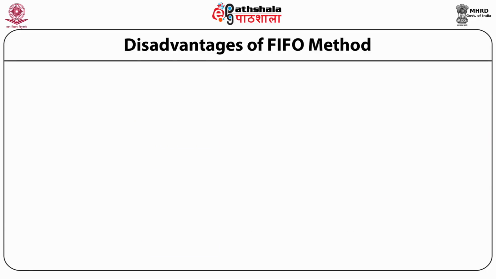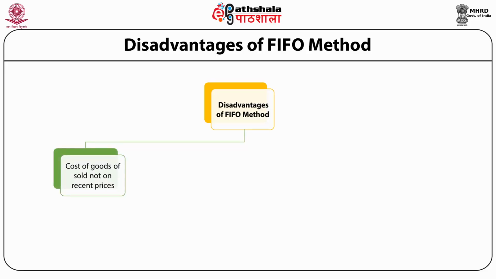In this figure, the disadvantages or limitations of this method are given. According to the limitations, we can see the cost of goods sold is not shown at recent prices, and this method creates problems in case of price fluctuations.